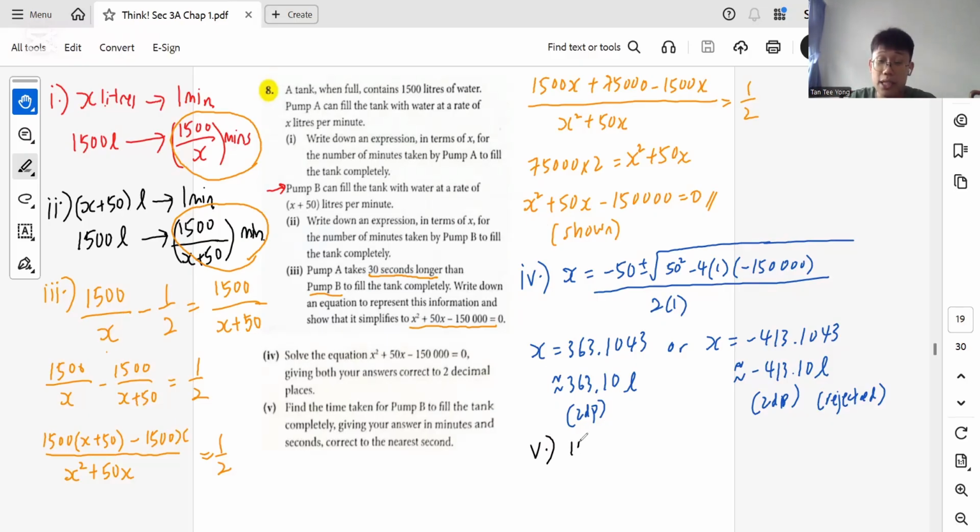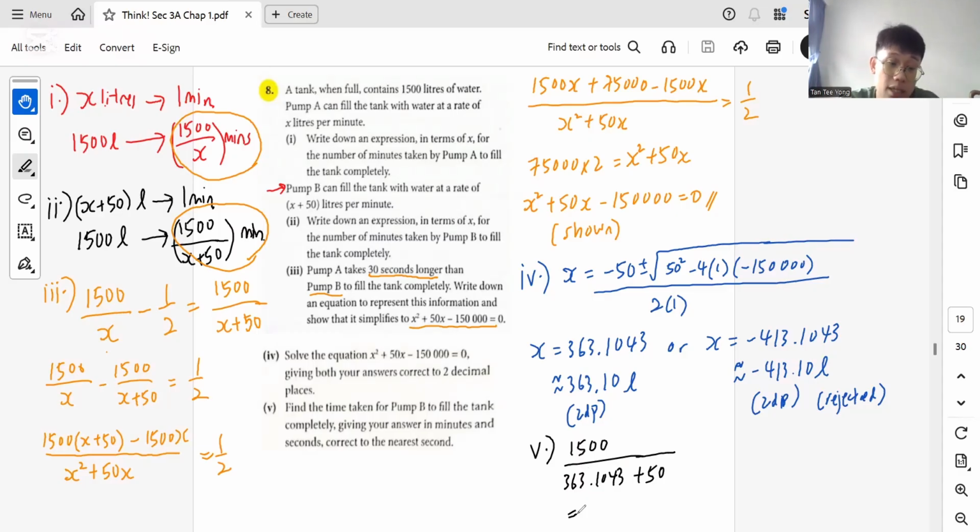So it's just 1500 over 363.1043 plus 50. This is in terms of minutes, and they want us to count in terms of minutes and seconds. So let me key in my calculator this value first.